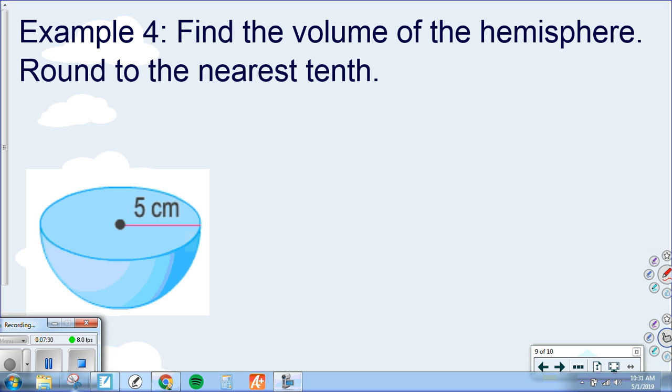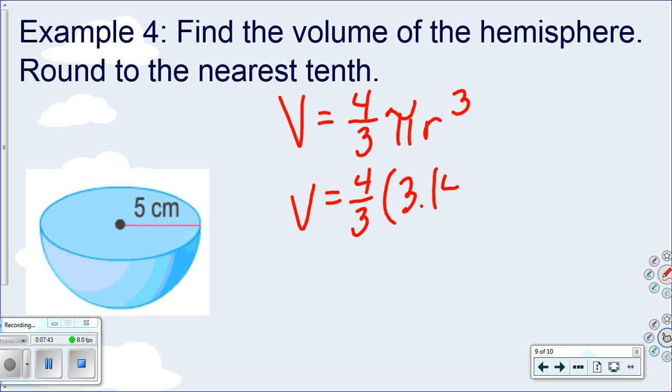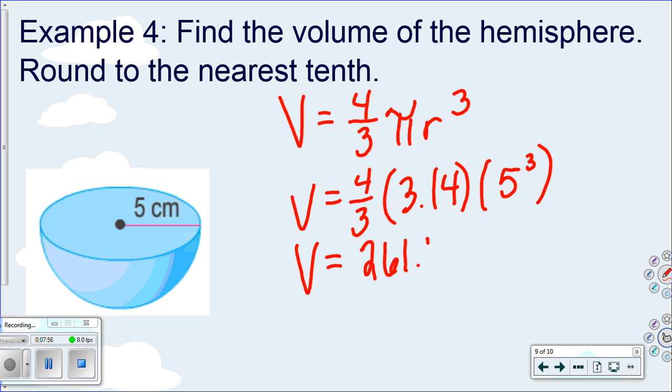Exactly. So I'm going to use my regular formula for a sphere. Okay, and I'm going to substitute and solve. So 4/3 times 3.14. What's my radius? 5. And I'm going to cube that. And I get 261.6 repeating. Does everybody agree? Yes.